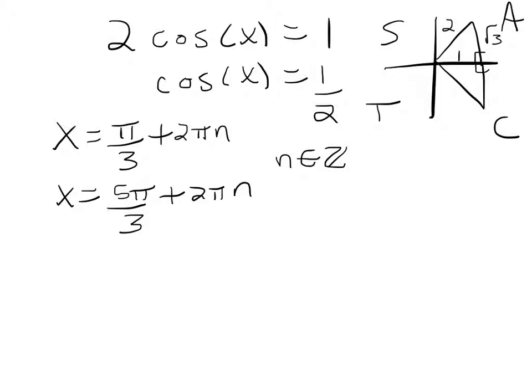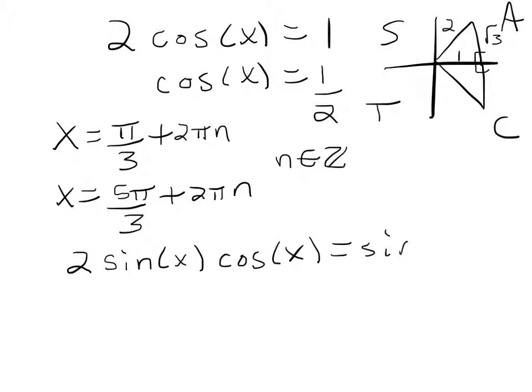Great, so those are definitely some solutions to this equation, but the problem here is that I divided off sine of x on both sides of the equation, so I actually lost some solutions. If I look back at the equation 2 sine of x cosine of x equals sine of x, if sine of x was 0, then 2 times 0 times cosine of x is 0, and that would equal 0.